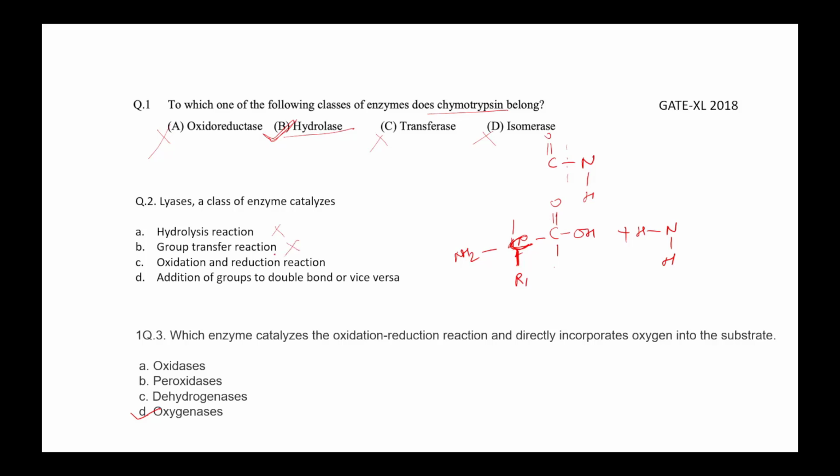Group transfer is done by transferases. Oxidation-reduction is done by oxidoreductases. And the addition of groups to a double bond or vice versa is the definition of lyases, like breaking a bond and then creating a double bond. That is the function of lyases.